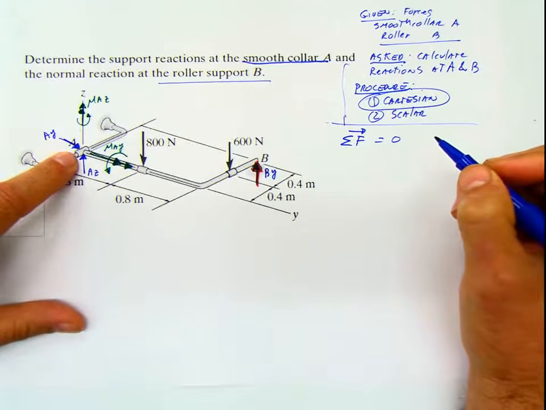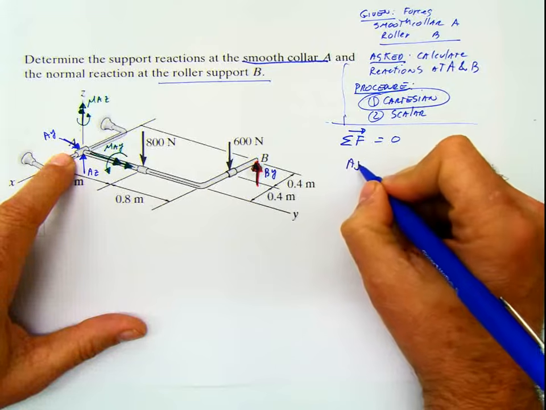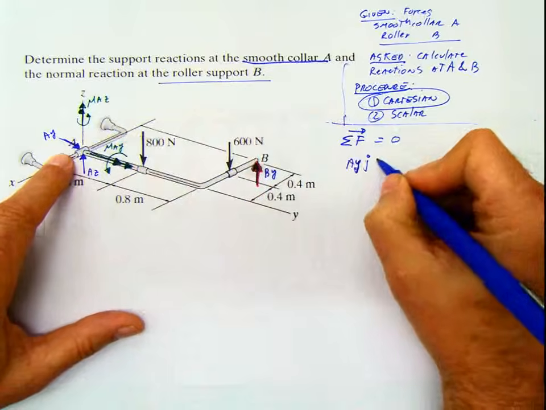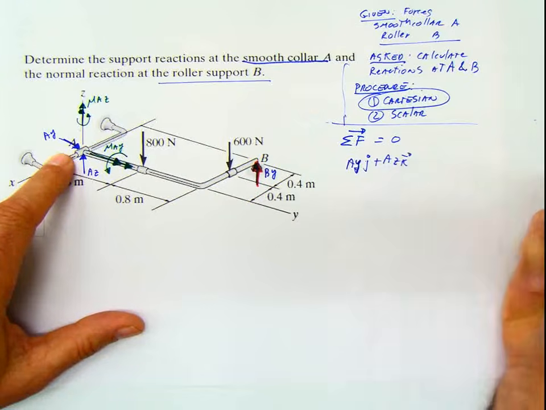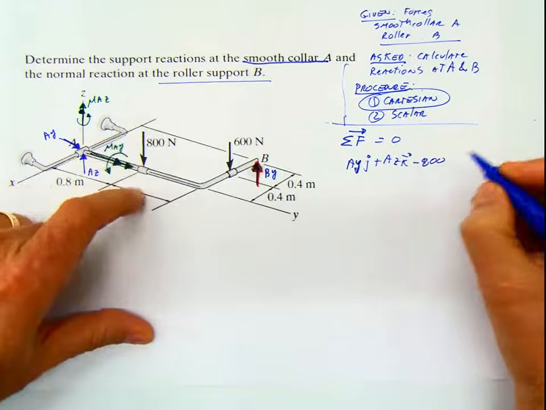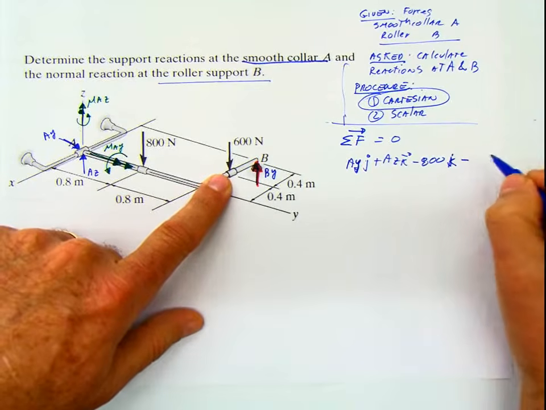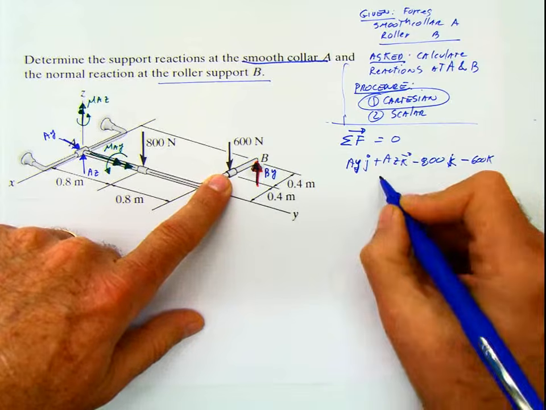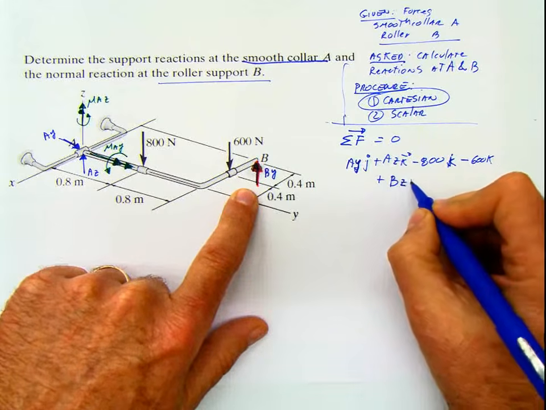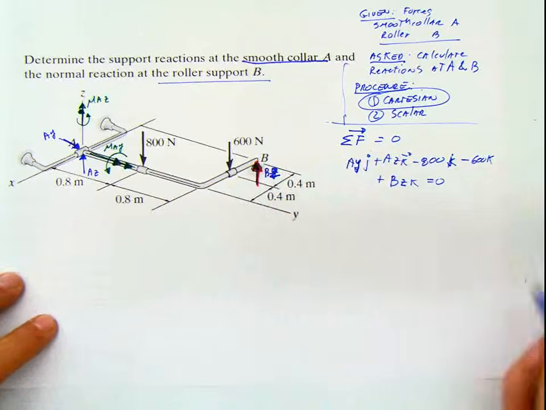I have the reaction force at A. That reaction force at A is going to be AY j plus AZ k minus 800 k minus 600 k plus BZ k. I put here BY and I meant BZ. BZ k equals 0.